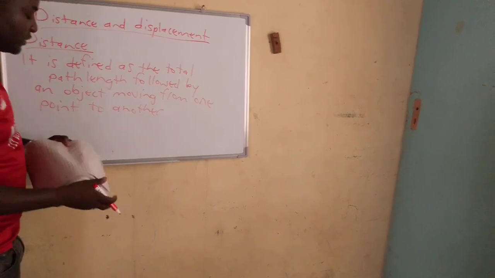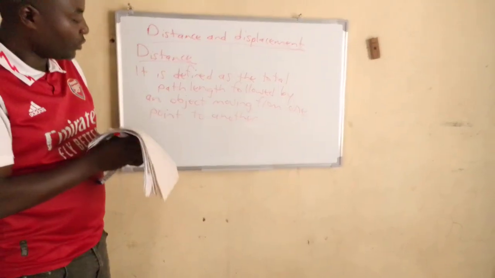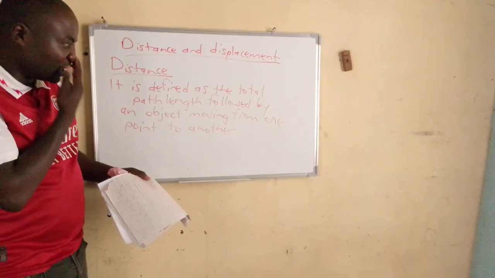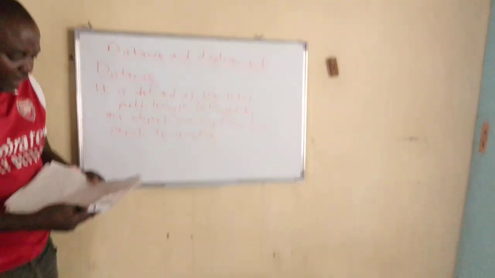That is the distance. Total path length followed by an object moving from one point to another.